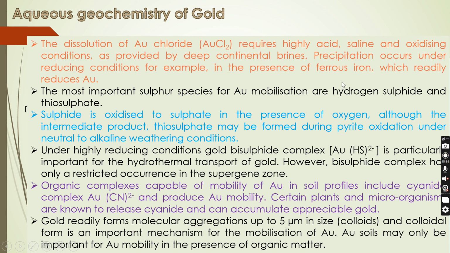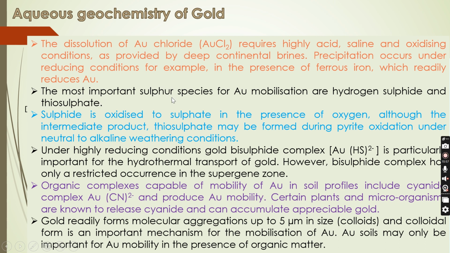And precipitation occurs under reducing conditions. For example, reducing means gain of electrons, so another electron donor has to be available. That must be understood. Like in the presence of ferrous iron, it easily reduces gold.